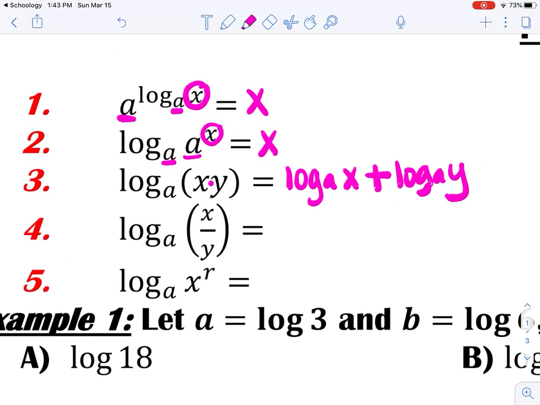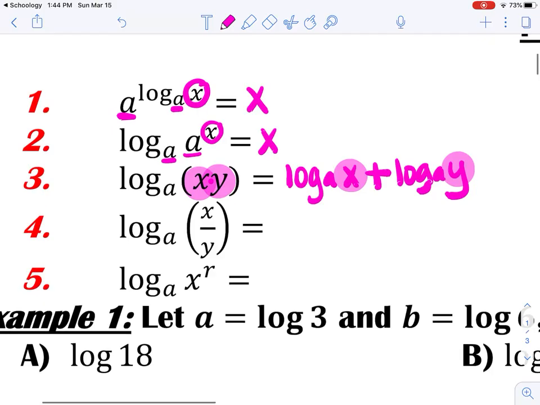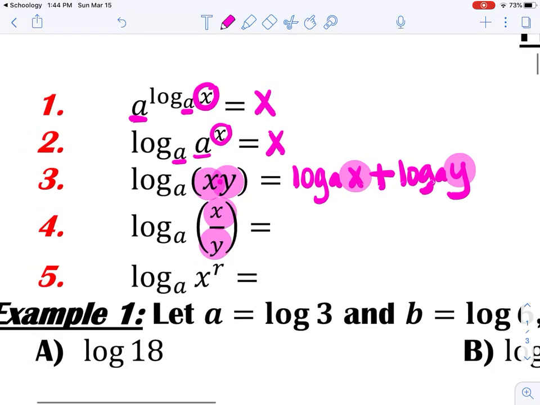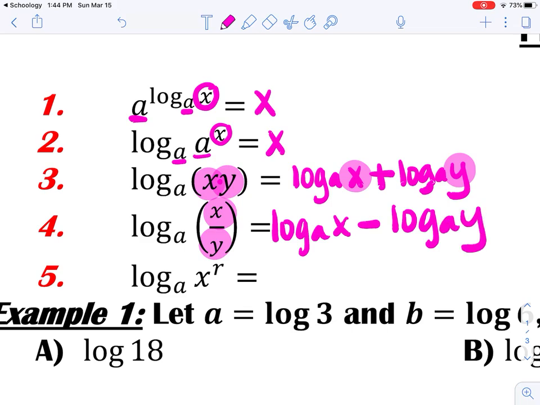It was one logarithm where the arguments were being multiplied, and I can split it into two logarithms where the arguments are being added. Now, you could probably guess what division looks like. If you have a log with the argument being divided, you can split it into two logs where those arguments are on the two separate logs, but they're being subtracted. So log base a of x minus log base a of y.